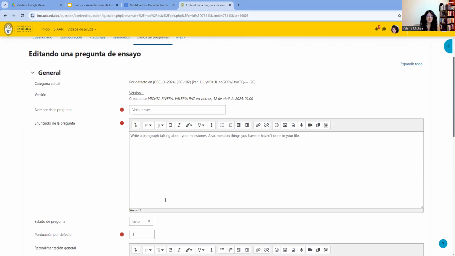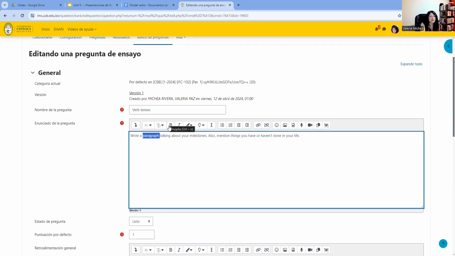No, because a paragraph is not 2 lines. If I wanted 2 lines, I would say write 2 sentences. But in this case, it could be 4 lines, yeah. No, a paragraph in academic writing, and because we are adults, we know that a paragraph is a block, like 10 lines at least. At least, yes.